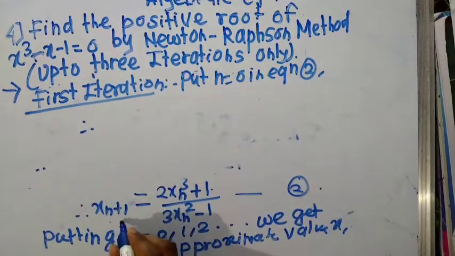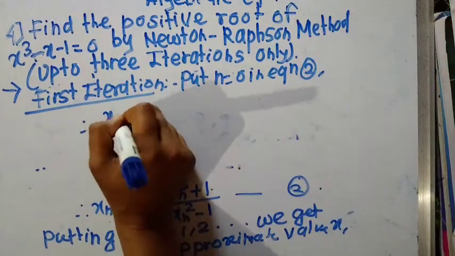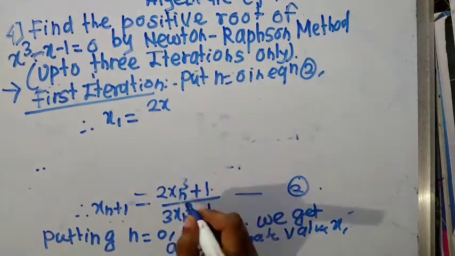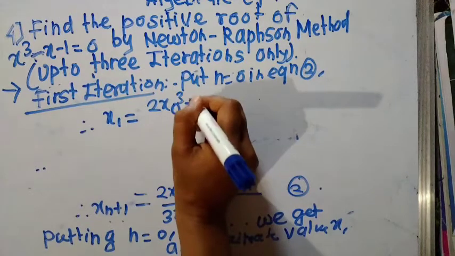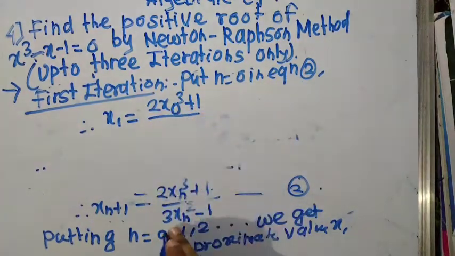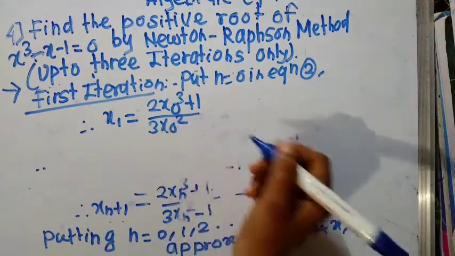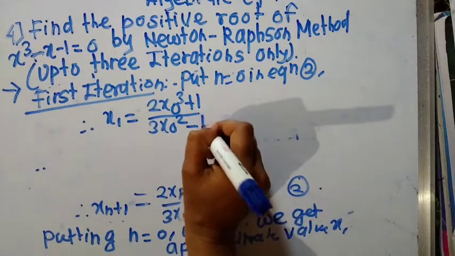So 0 plus 1 is 1, so x1 is equal to 2x0 cube plus 1 divided by 3x0 square minus 1.